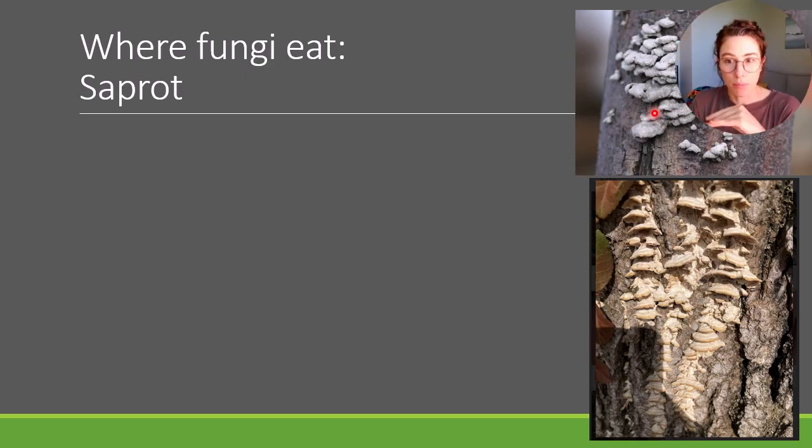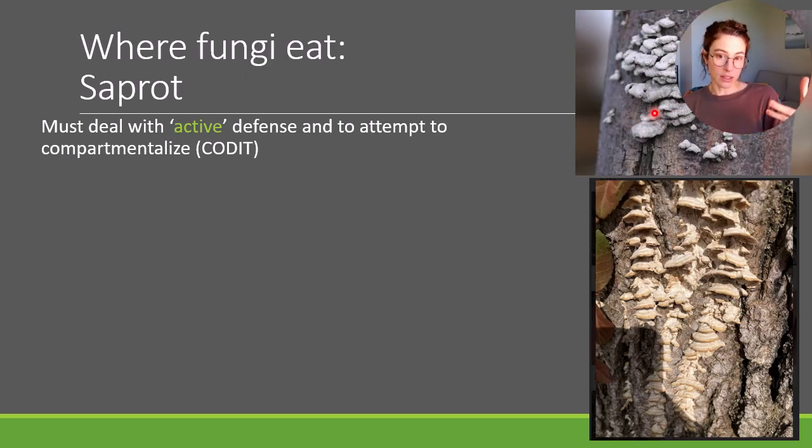So with sap-rot, this is the living part, the external part right next to the bark of the tree. These are the living cells that are actively moving water and nutrients within the host. So anything that tries to decay the sapwood must deal with the active defense mechanisms of the host. This is where the host and the fungi are having a battleground.